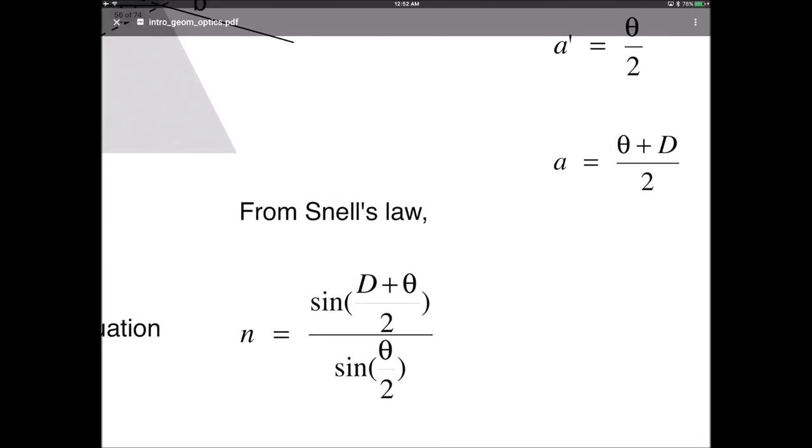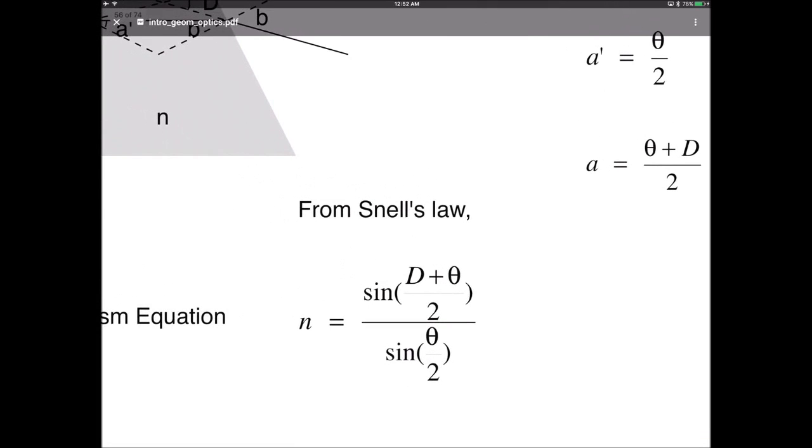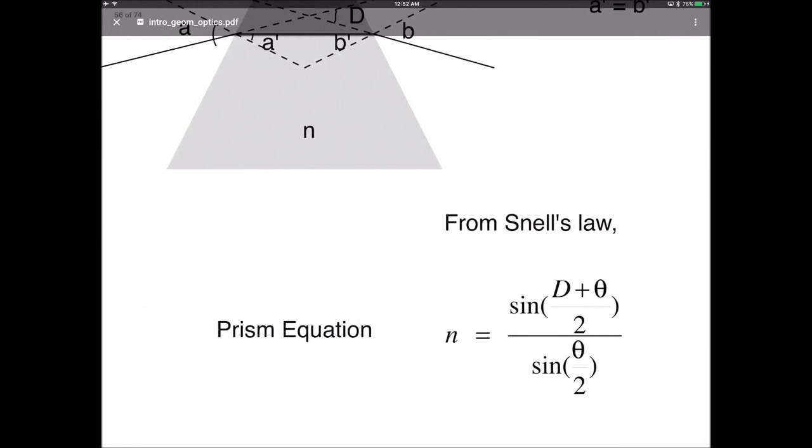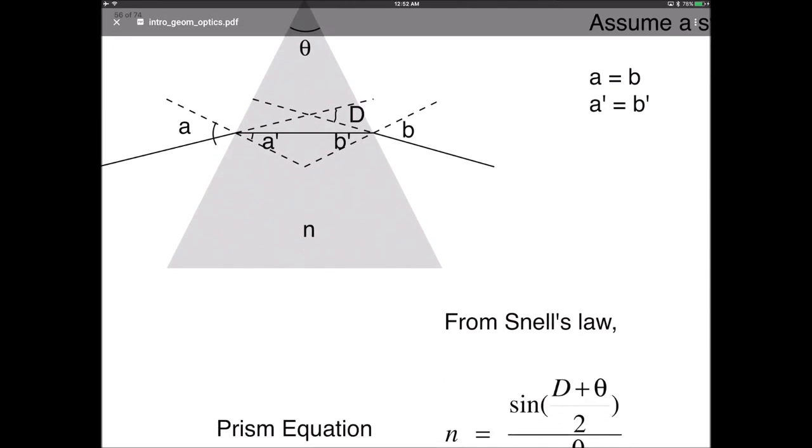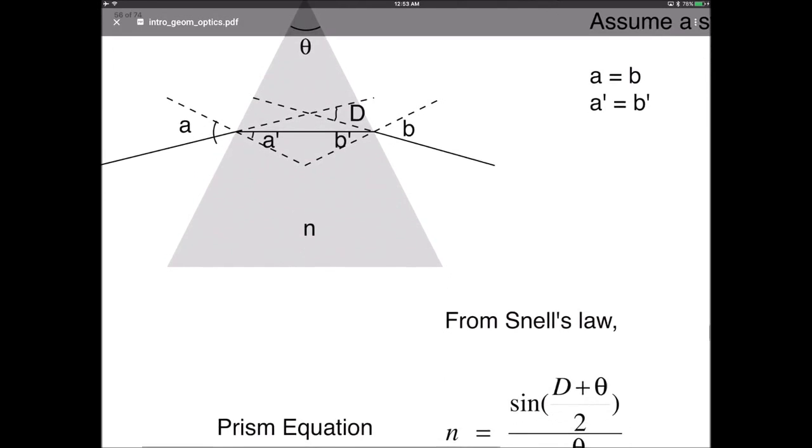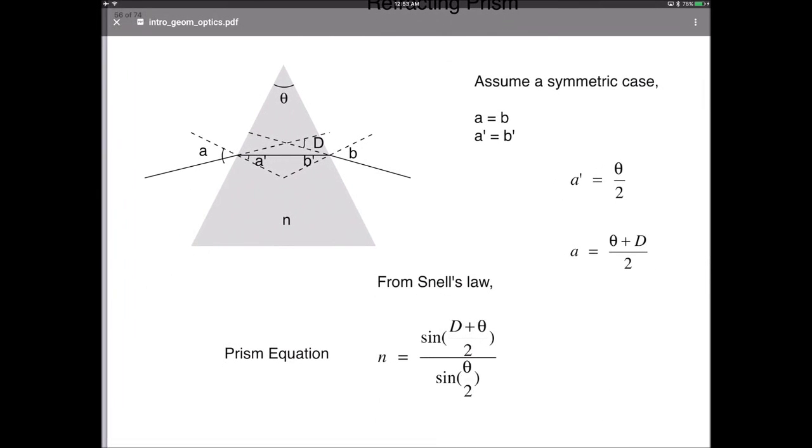and you have a relationship between the refractive index of the prism, the angle of the prism, and the angle between the two rays. So don't worry too much about the math, but let's try to understand what is going on using the physics. Suppose you're given a case where you have to design a prism, and you know the refractive index of the material out of which the prism is going to be made.